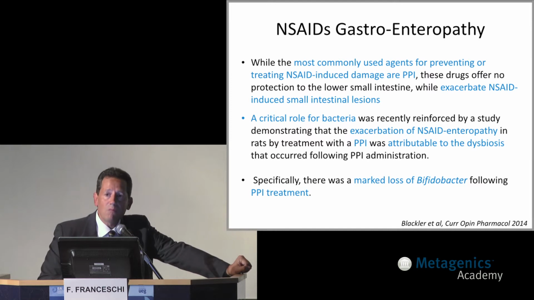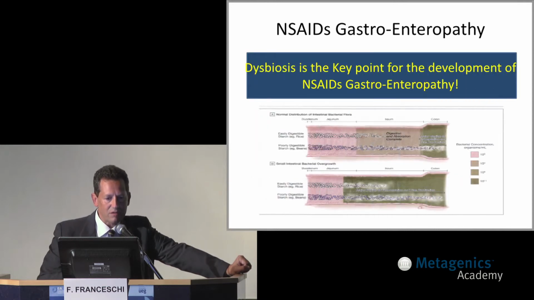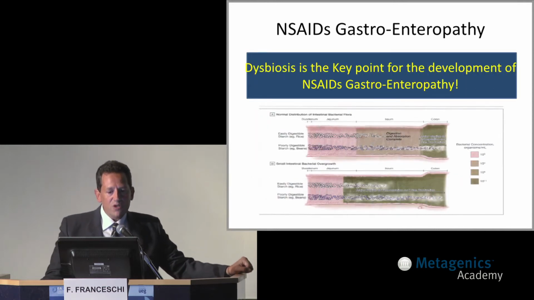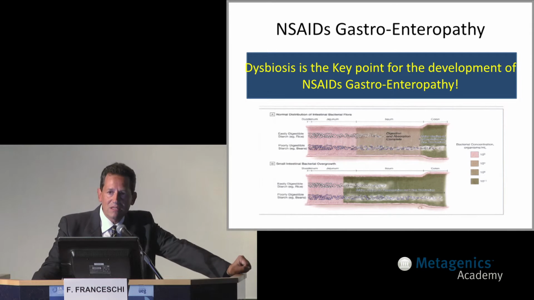The loss of bifidobacteria associated with the administration of NSAIDs is responsible for the increased damage of the small intestine by PPI treatment. So just to say that dysbiosis is the key point for the development of NSAID gastroenteropathy.